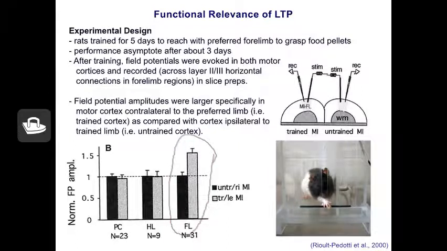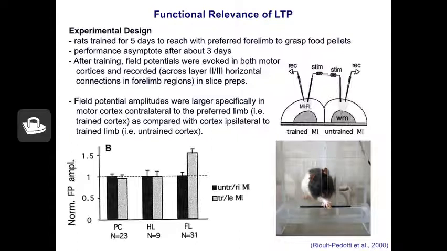In other words, the synapses that processed motor function in the cortex that represented the preferred limb that was trained to pick up the pellets were potentiated. The strength of these synapses appeared to be greater than the strength of synapses in the motor cortex representing the forelimb that the rats did not use in the reaching and grasping task.